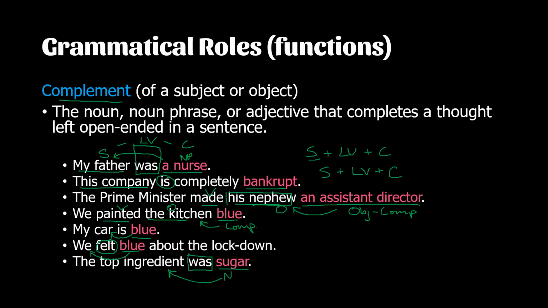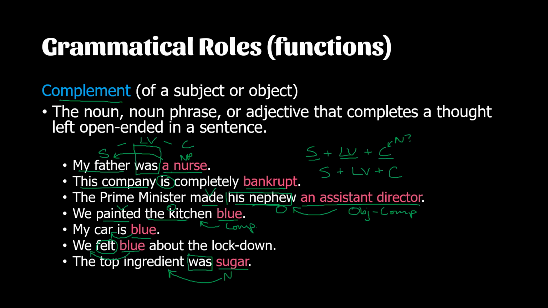With the subject, linking verb and complement structure, if the complement is a noun, then you can flip the sentence around. So I can say, sugar was the top ingredient. It doesn't work perfectly as a test. I could say, the nurse was my father.